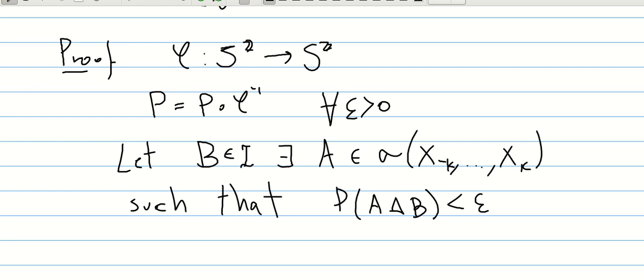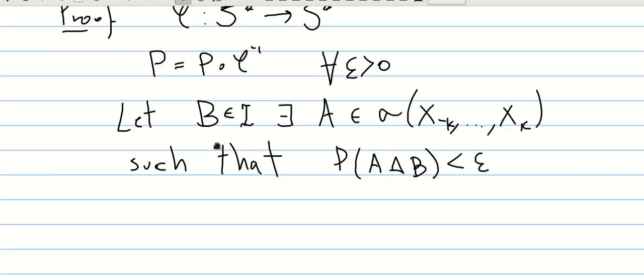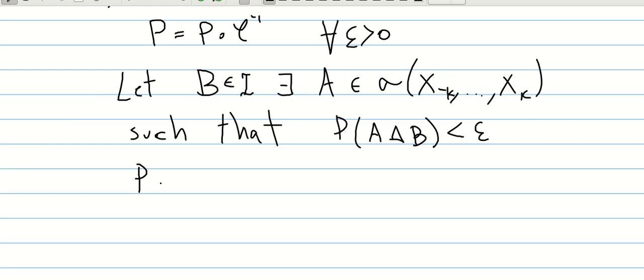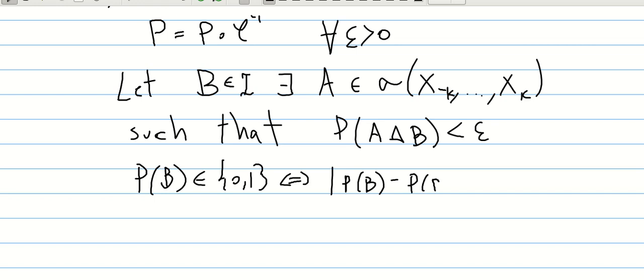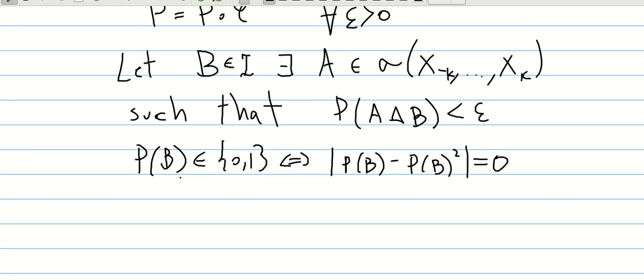Okay, so in order to show that B has probability 0 or 1, which is our objective, we're going to show that the probability of B is equal to the probability of B squared. I mean, there's nothing here. I'm just saying that this probability is some number between 0 and 1. If it's the square of itself, then it's either 0 or 1. No other number in the interval 0, 1 can be the square of itself.